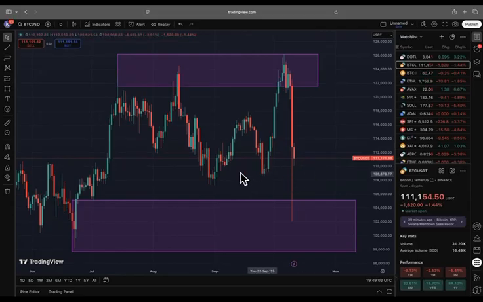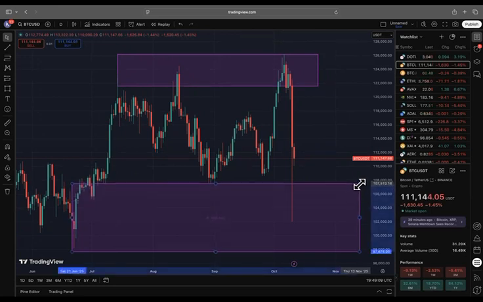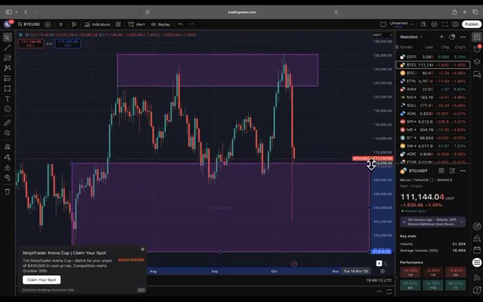So every time price is towards this area, let's just map our line all the way up there. I know this box is insanely big. Let's map it all the way up here to 112,000. I'll show you guys this. This was a previous all-time high, back before the crash in April.